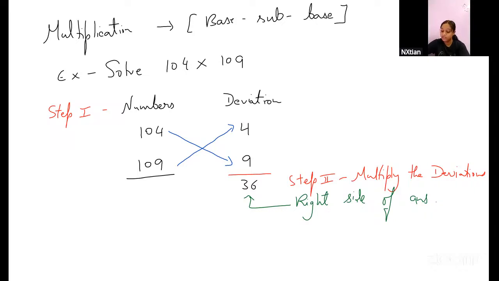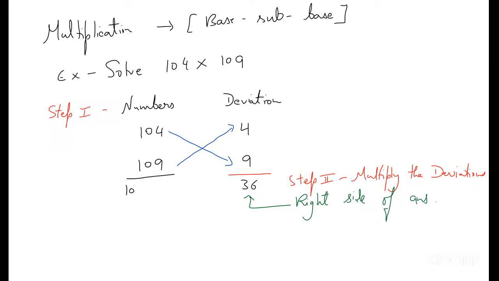So 104 plus 9 is my third step, which will give me 113. This is my step 3. Add the deviation and the number.